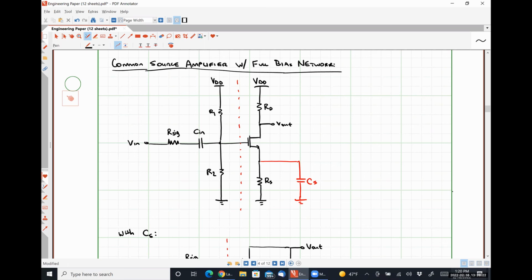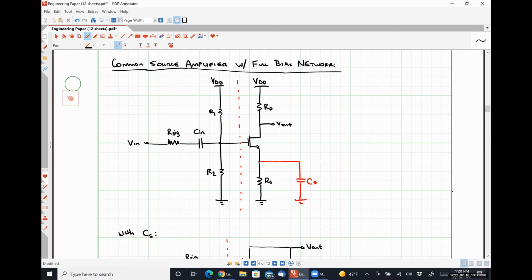Well, at AC, this guy looks like a short circuit so that we're applying our input signal and getting some perturbed output voltage that is actually superimposed on top of whatever that DC output voltage would be. Okay. So let's just say for the sake of argument that we have a 1 millivolt signal at our input and we have a gain of 10.